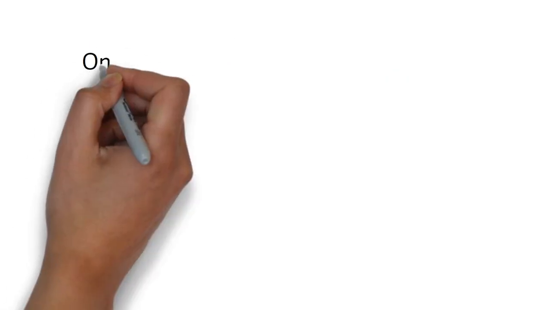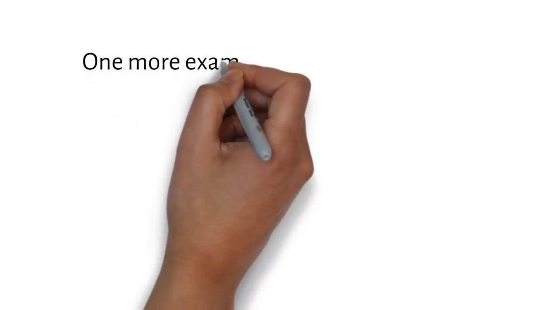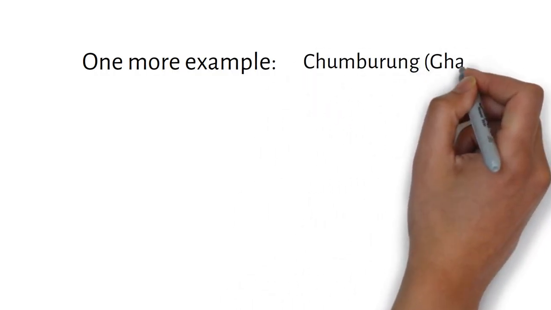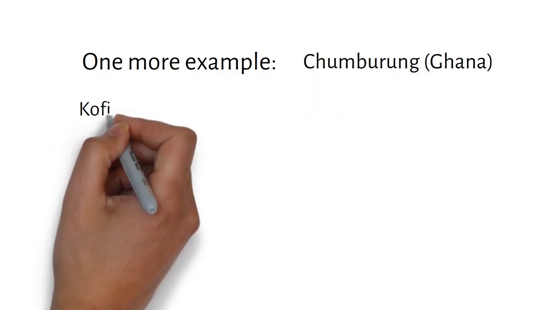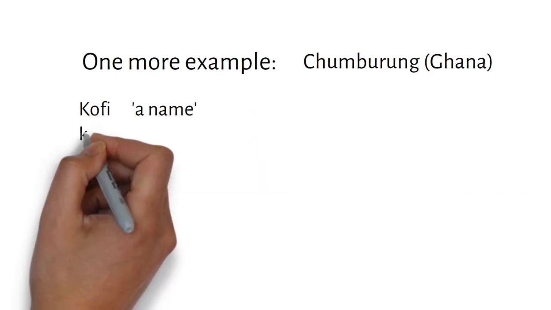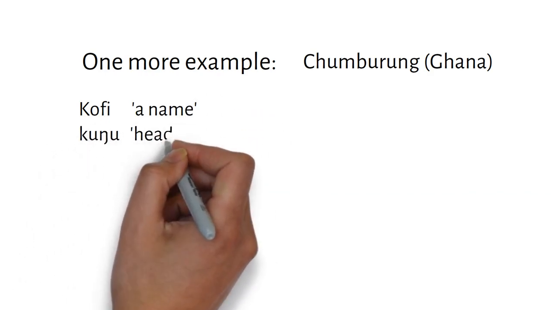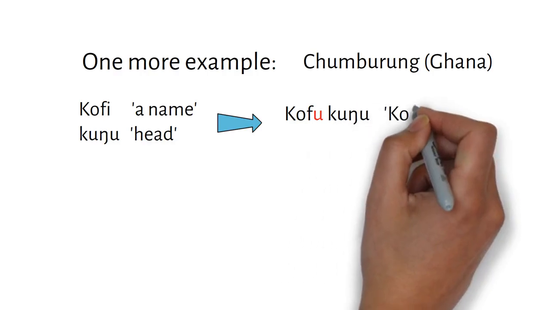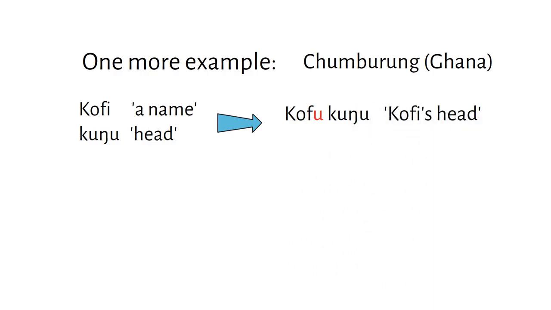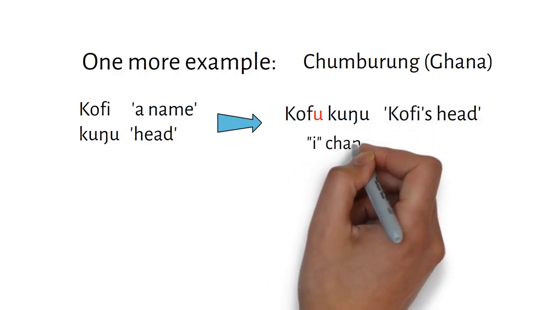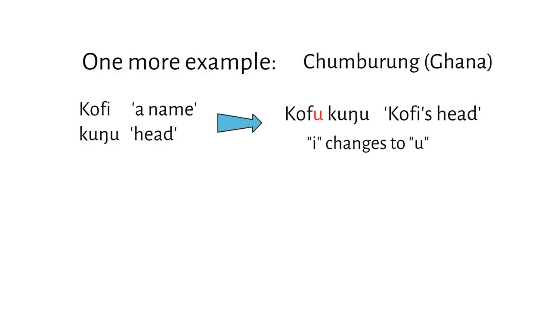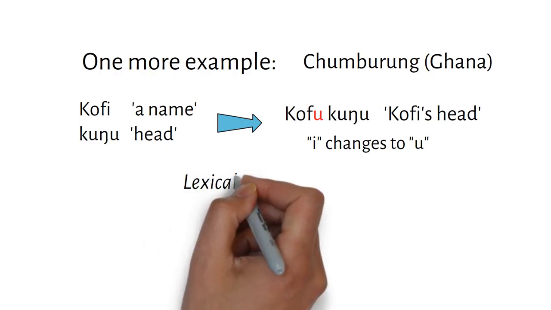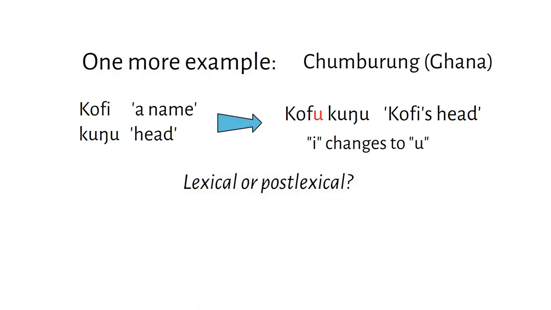Can we see one more example of how we can apply these tests? In Chumburung from Ghana, Kofi is someone's name. Kungu means head. But when you say Kofi's head, it comes out Kofu Kungu. The E changes to U. Is this a lexical rule or a post-lexical rule?